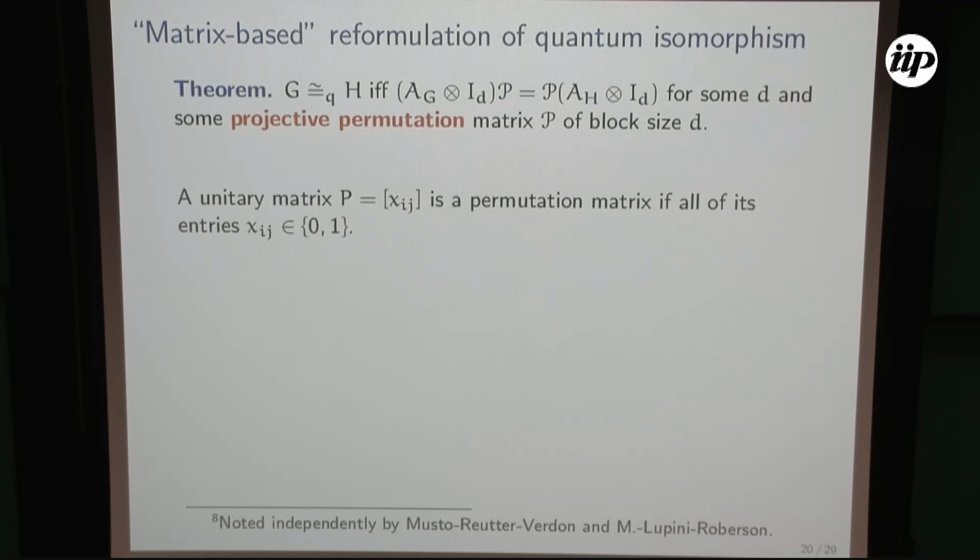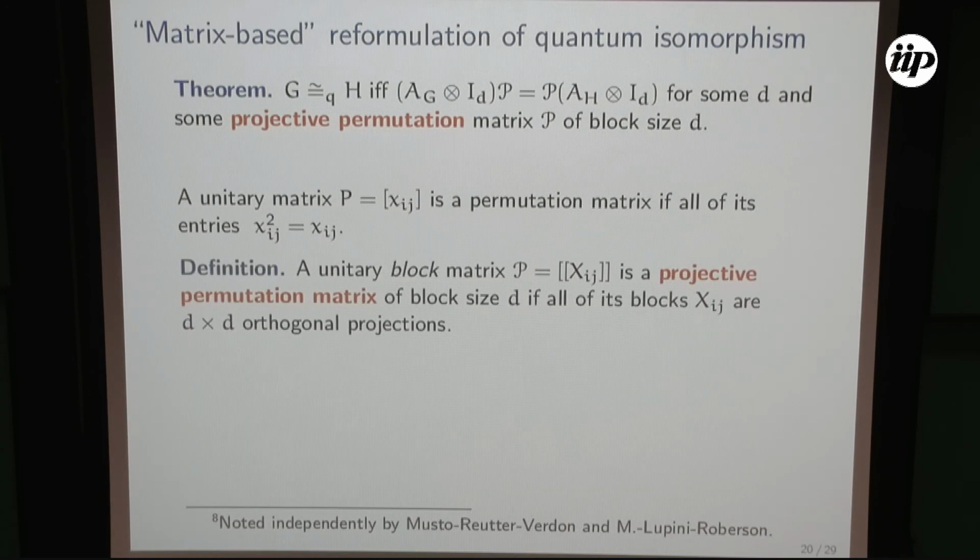That the entries are 0 and 1, I can rewrite just by saying that they square to themselves. And if I want, I can also add a relation that if I take xij star, so xij dagger, the complex conjugate transpose, then I get xij. For real numbers, it's not saying anything. Now, a projective permutation matrix is the same thing, except that instead of these xij's being numbers, I now allow them to be matrices.